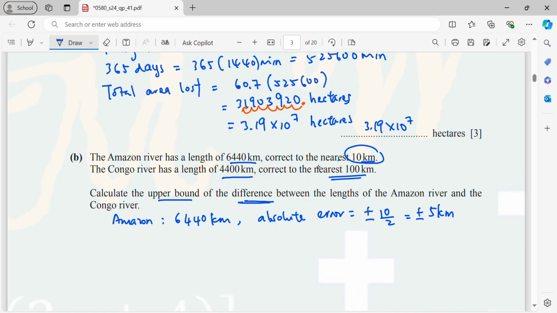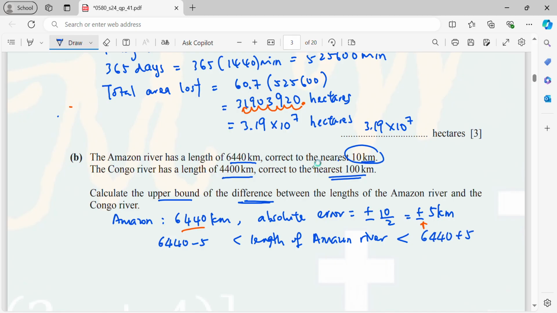So now I will say that the length of Amazon River will be between 6440 minus 5, that will be the lower bound, and 6440 plus 5.